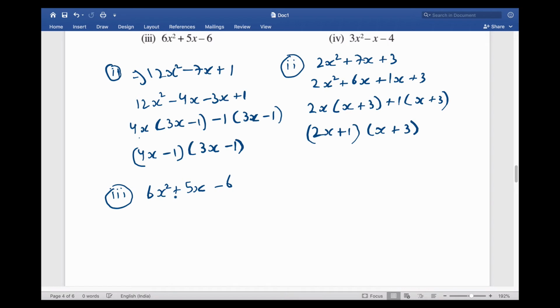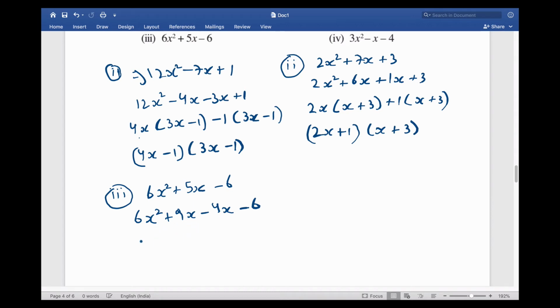Now I need to split 5 in such a way that I get 36 in negative, and when I add or subtract I get plus 5. So it's easy. 9 into 4 we can do, where we will take plus 9 minus 4, because when I multiply them I get minus 36, but when I add them I get 5x positive.